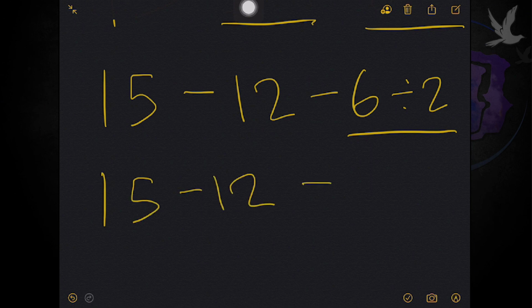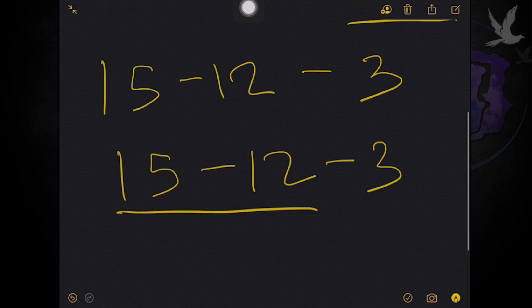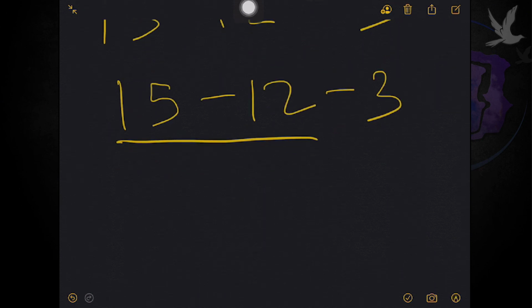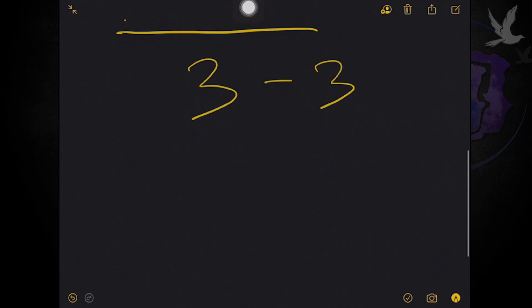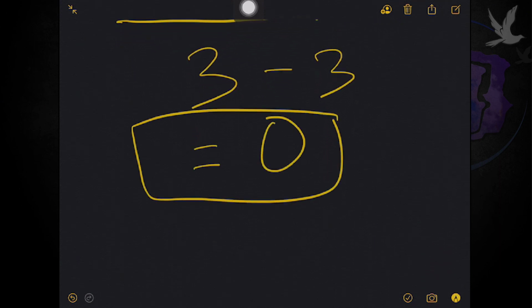What is 6 divided by 2? The answer is 3. Okay, let's try to answer this. What's 15 minus 12 minus 3? Let's do it one by one. What's 15 minus 12? It is basically 3. 3 minus 3 will give you 0.